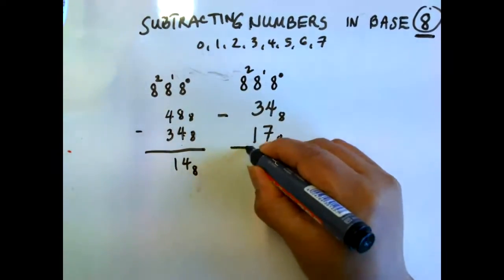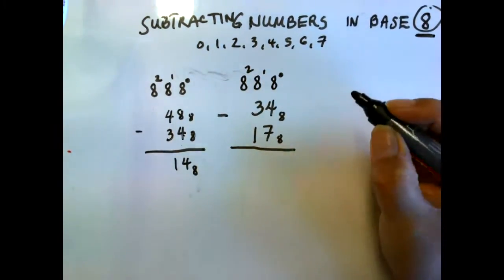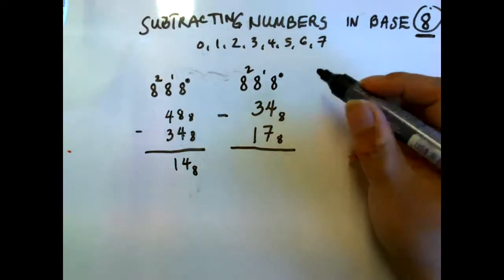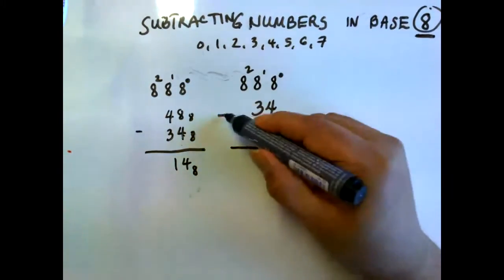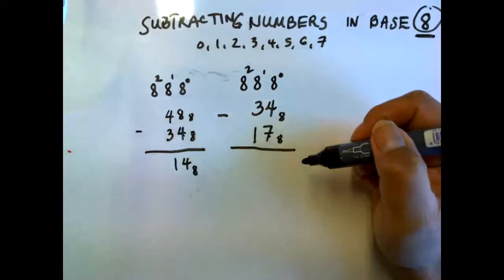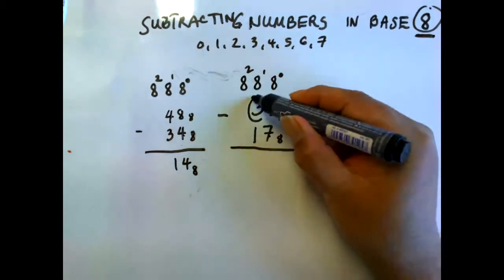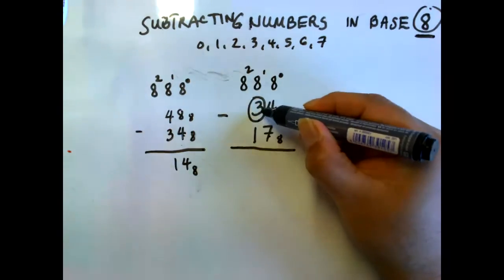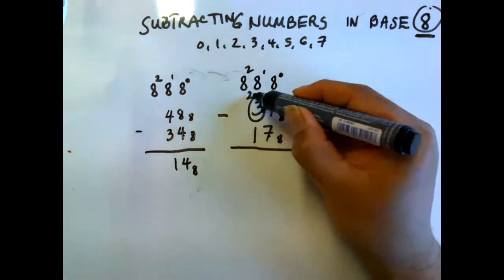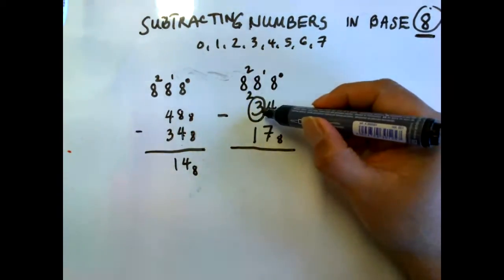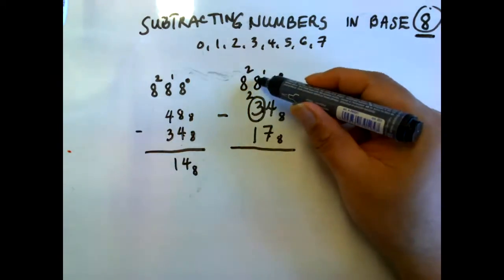Now this is more to my liking. So 4 less 7, we cannot do it. That means we have to borrow from the next place value, which is 3. So this becomes 2. What we're borrowing, that's 3 eighths becomes 2 eighths.